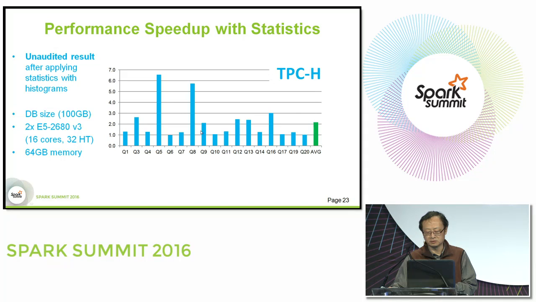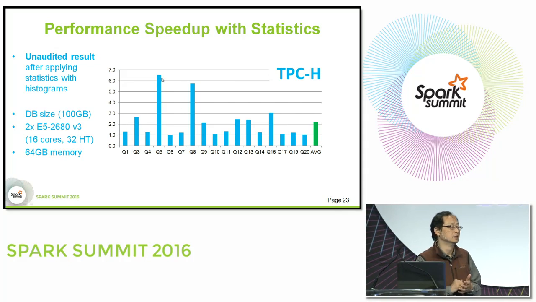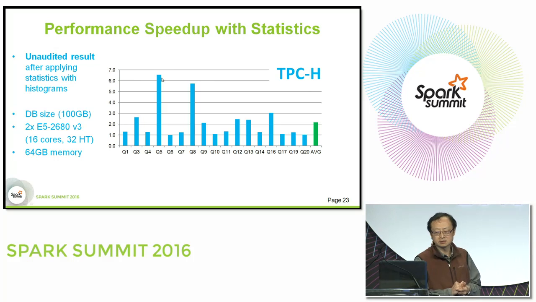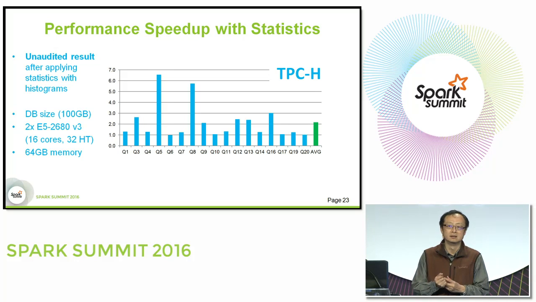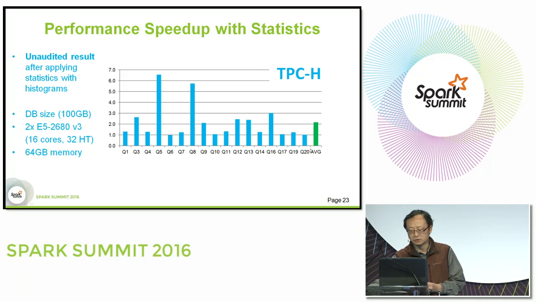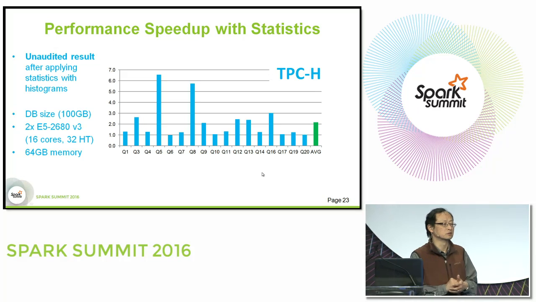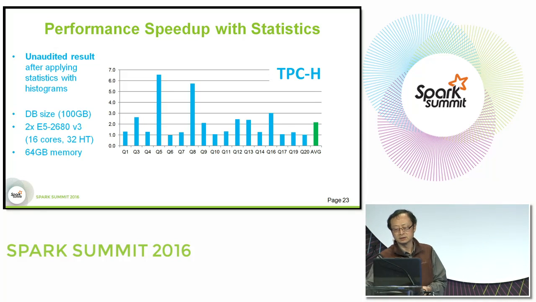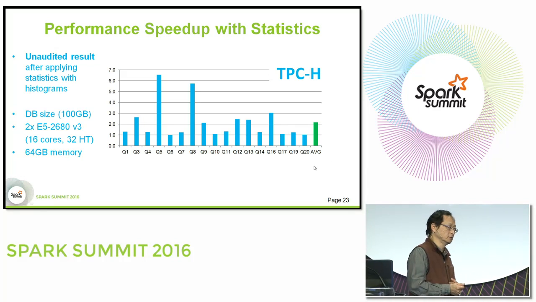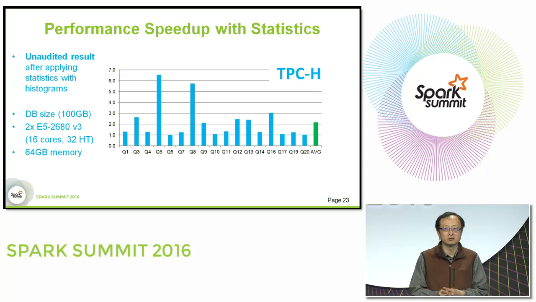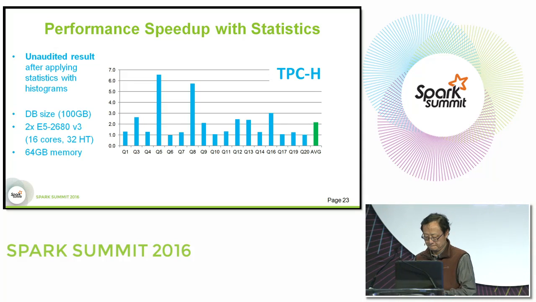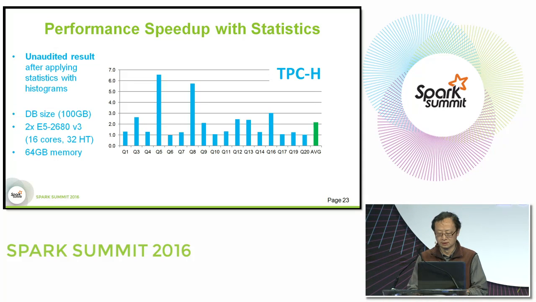The range starts from 2 times, and for one case we get 6.5 times faster. Overall, on average we are able to double TPC-H query performance. Basically, we can reduce the query response time by 50%.